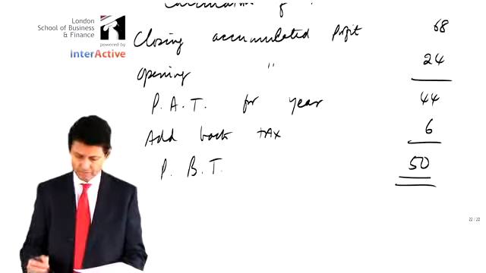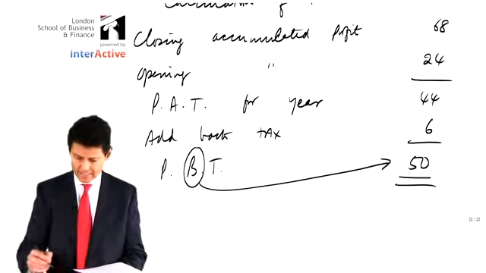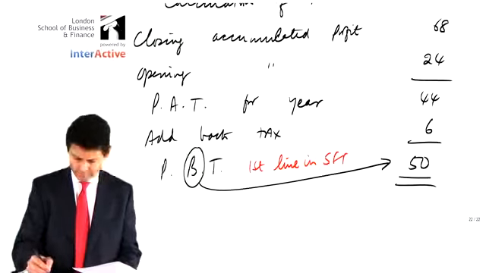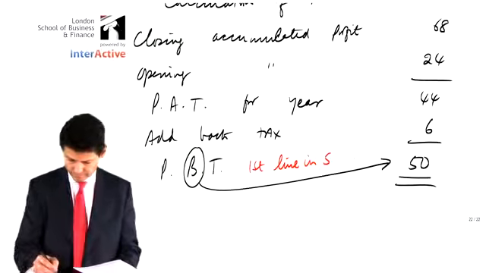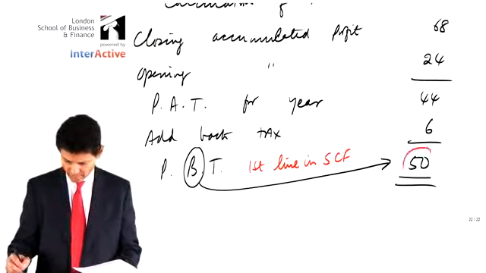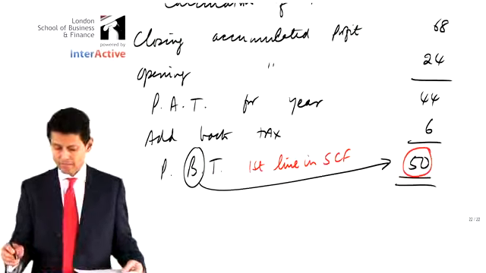PBT, profit before tax. And that is ideally the first line in the statement of cash flow. $50. You see? So there you are.